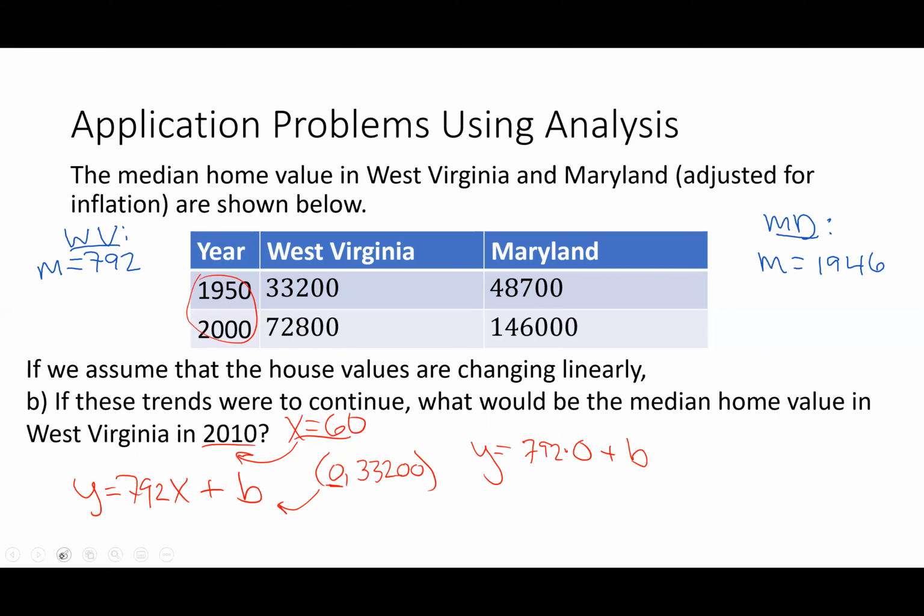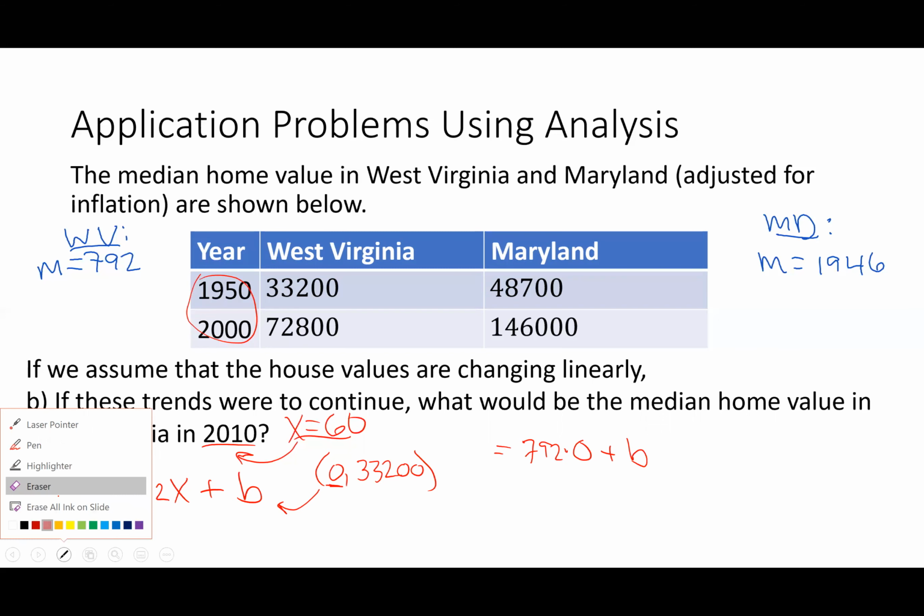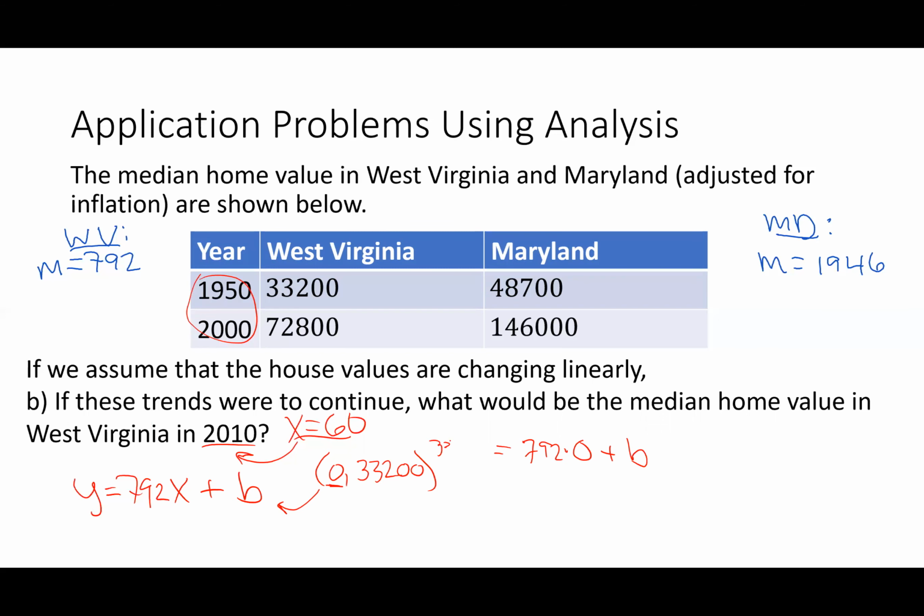And I know my y value already is 33,200. And now this goes away, and what I'm left with is b is 33,200.